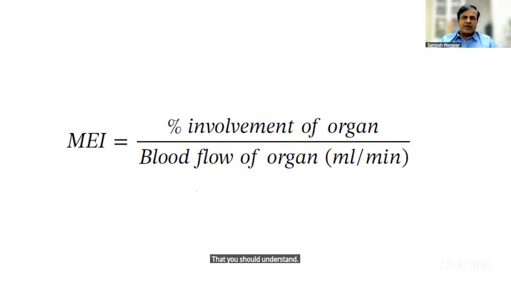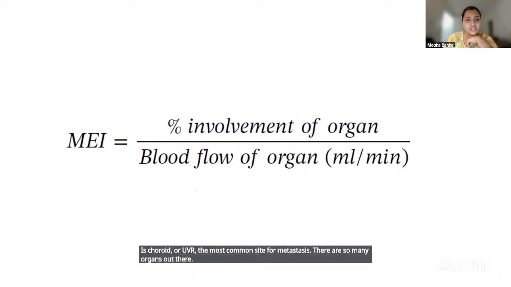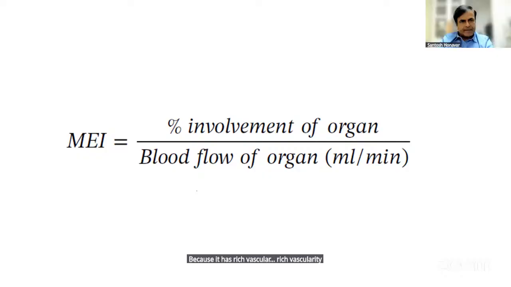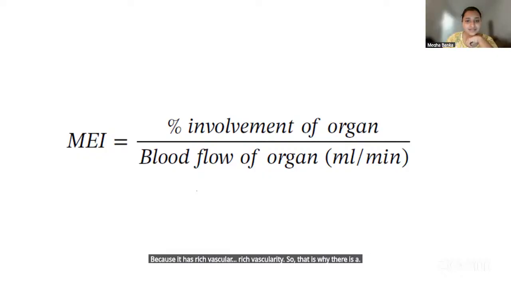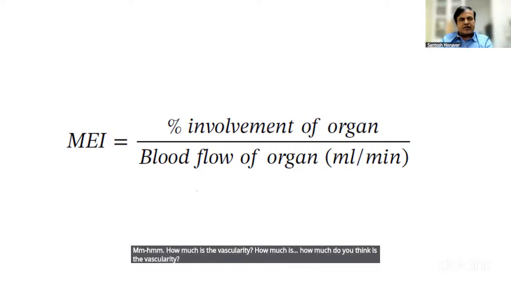Megha, what is MEI? Or in other words, why is choroid or uvea the most common site for metastasis? Because it has rich vascularity. Mhm. So how much do you think is the vascularity?